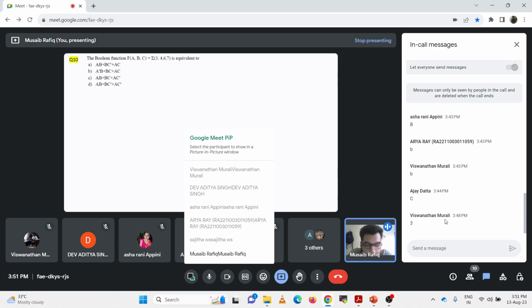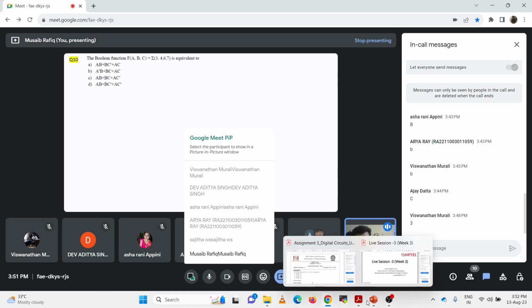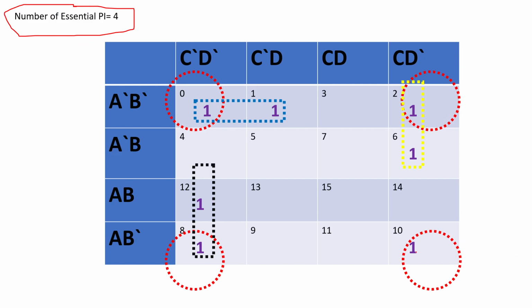So you will say that this 10 will be covered by this pair 2 and 10, right? That's why this chord is not an essential prime implicant, right? Is that your explanation, or some other explanation? Let me just forget it. Which of the prime implicants are you considering essential prime implicants? Can you spell out those? All right, tell me which one.